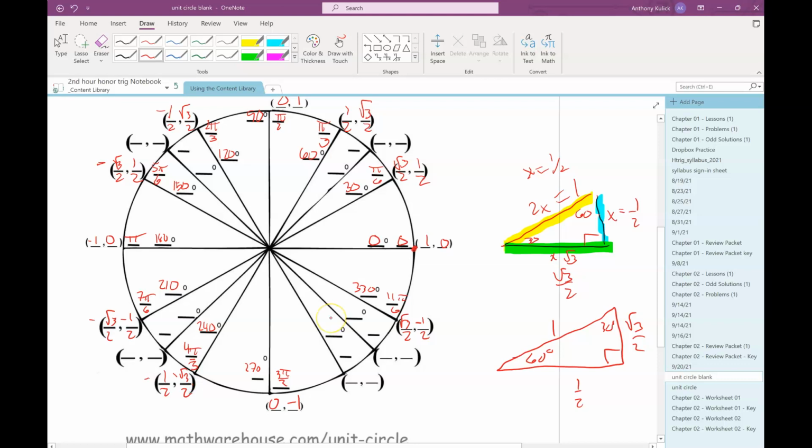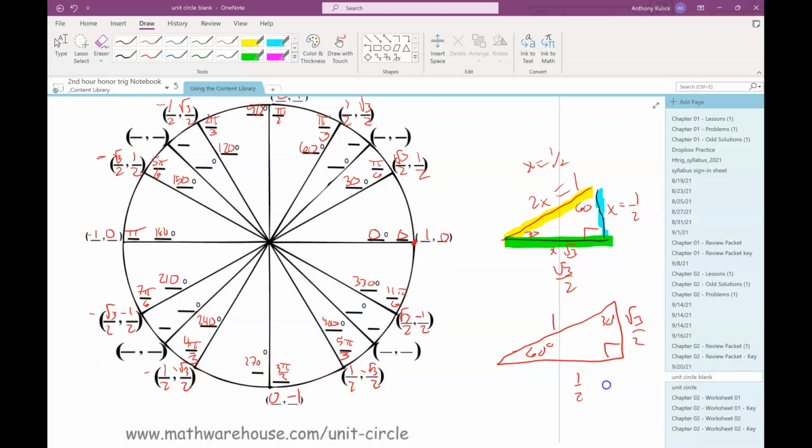And then here we're going to have 300 or 5 pi over 3, and that'll be positive x but negative y. Maybe we are going to fill the whole thing in, I guess. It wasn't that much work.